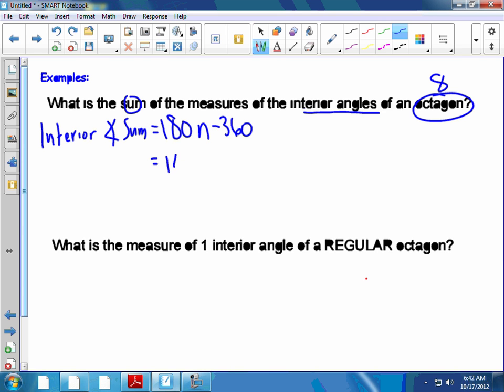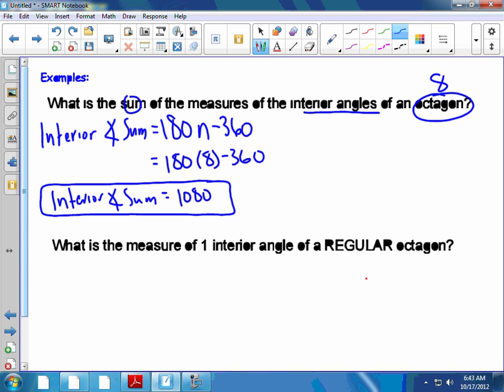And so we get 180 times 8 minus 360. So interior angle sum equals 1080.